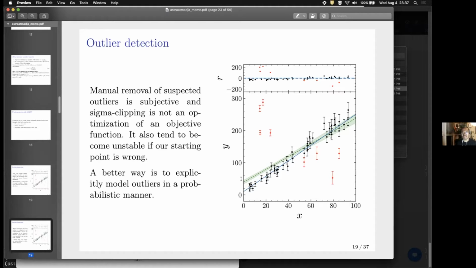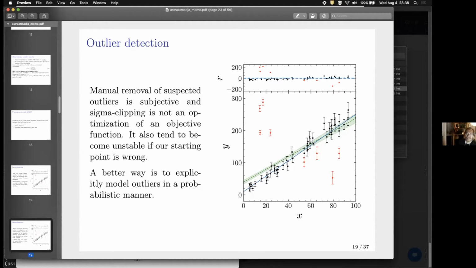This is 3 sigma, and the dashed line is the inferred model when all data is included, including the outlier. We want to use this as initial values for sigma clipping. If we say 3 sigma, then this point is already rejected, and we're only using this.